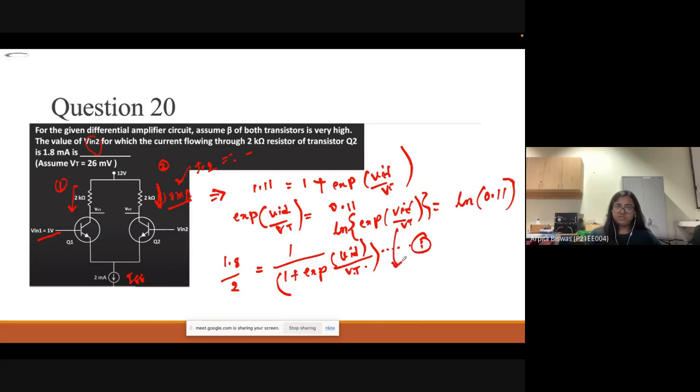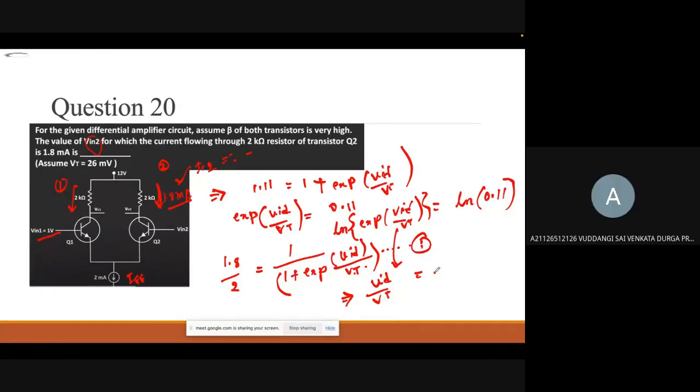From there you can write here VID by VT equal to, what is the value of ln 0.11? Tell me the value of ln 0.11. Minus 2.2.